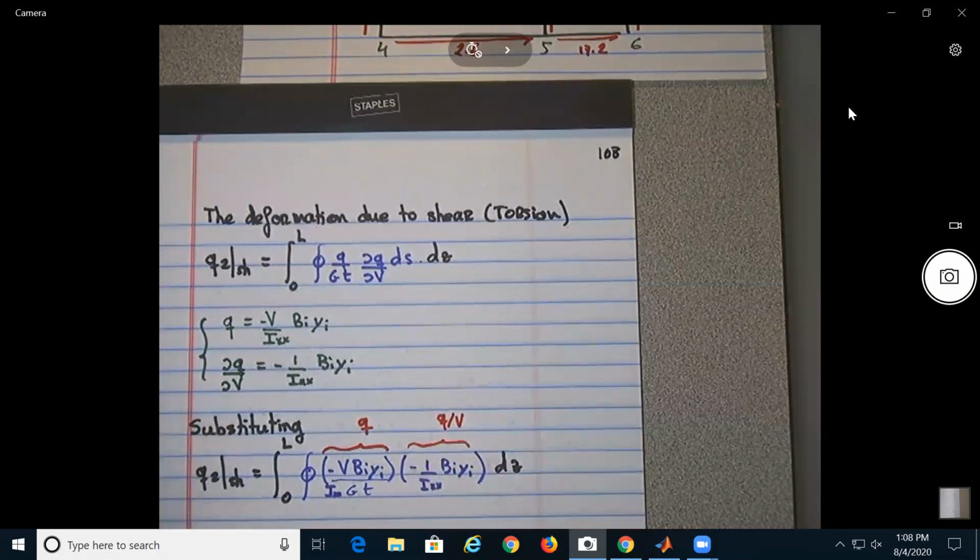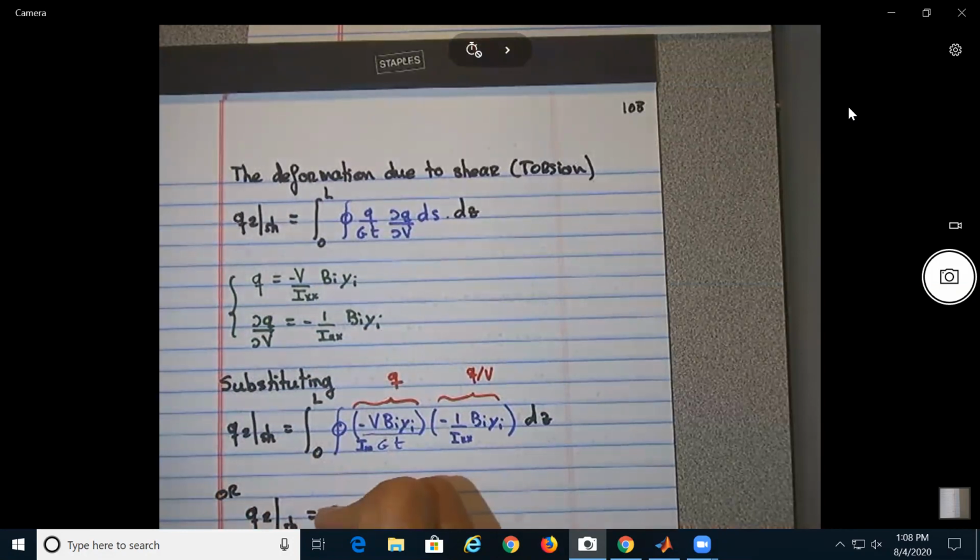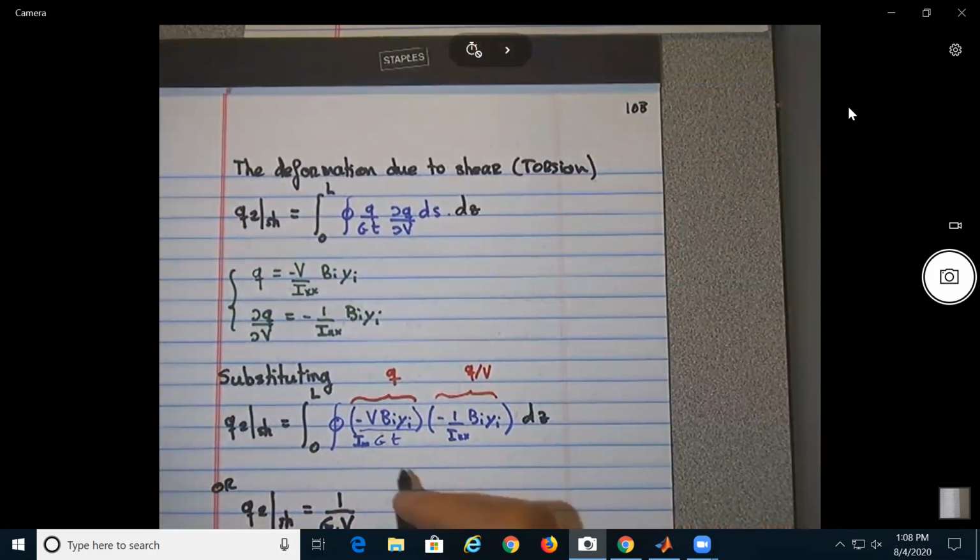So at the end, I could just rewrite this expression over here. Will be equal to 1 over G times V, the shear force times T. We could put the T over here as well. This is constant.